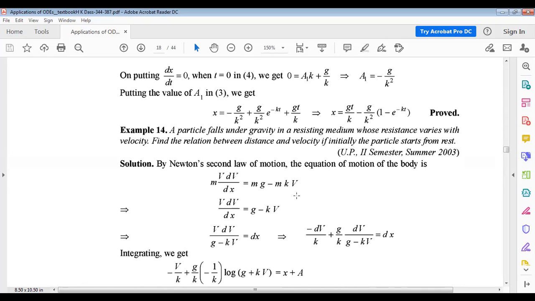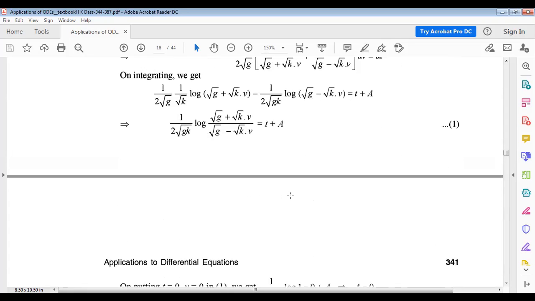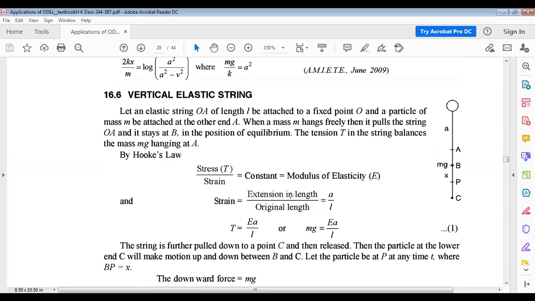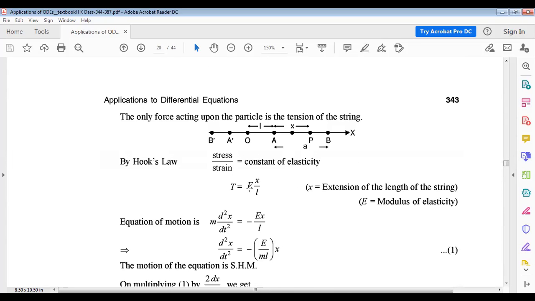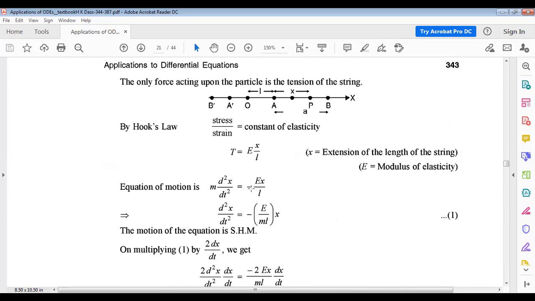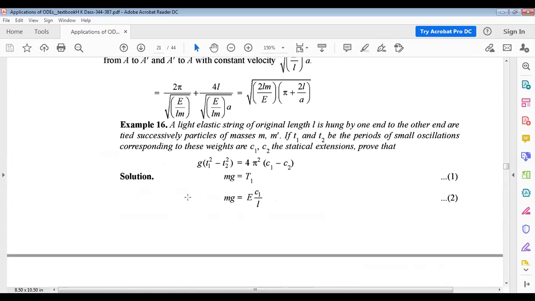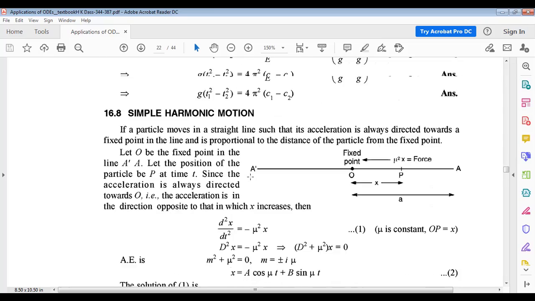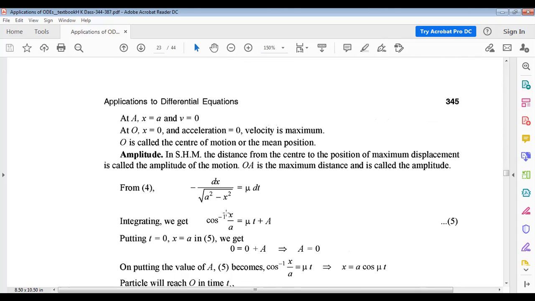Similarly, example 14 will be homework for you. Similar process. Now for vertical elastic string and horizontal elastic string, example 16 will be homework for you. Same procedure, simple harmonic motion, important motion.